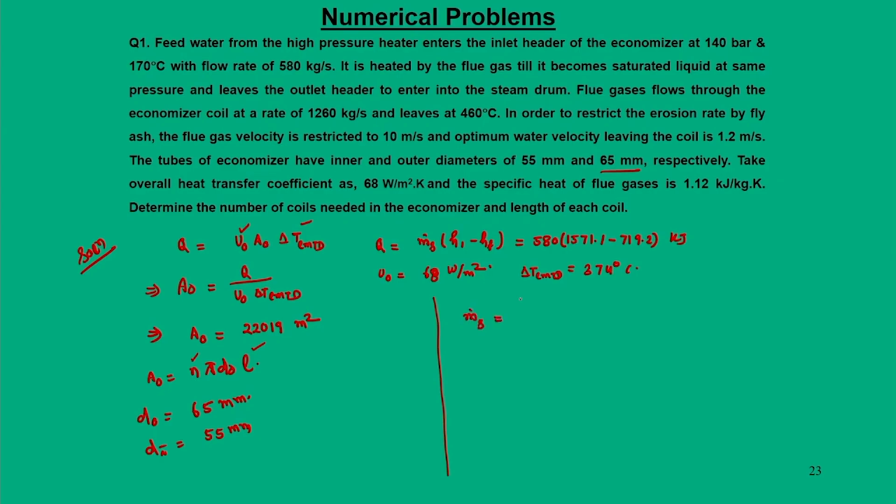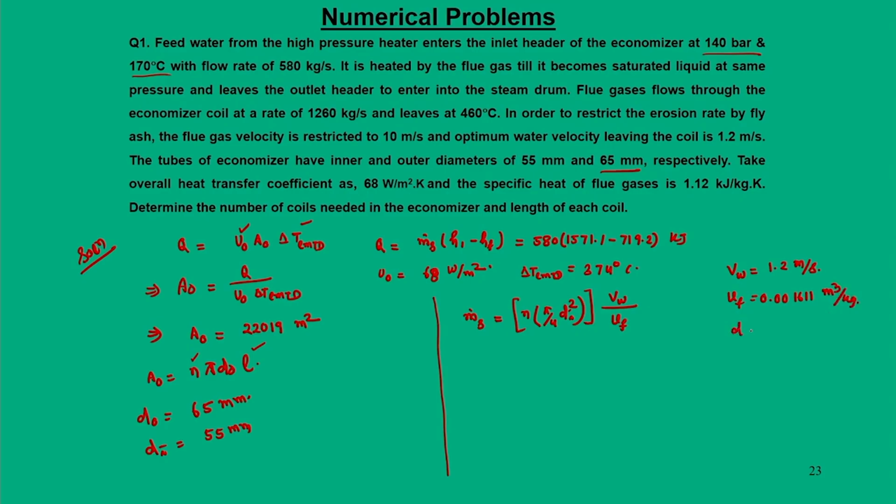M dot s is equal to number of tubes into area pi by 4 di square multiplied by Vw divided by specific volume. So, water velocity Vw is given 1.2 meter per second. Specific volume from the steam table data is 0.001611 meter cube per kg.